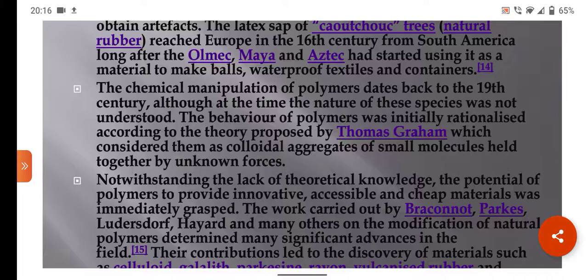Notwithstanding the lack of theoretical knowledge, the potential of polymers to provide innovative, accessible, and cheap materials was immediately grasped. The work carried out by Bracken and Parks, Ludersford headed and many others on the modification of natural polymers determined many significant advances in the field.